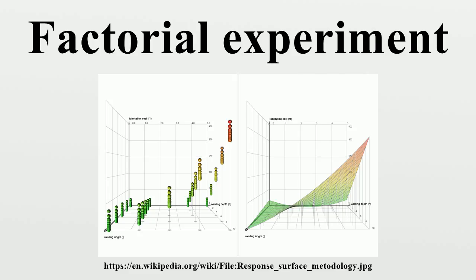A factorial experiment allows for estimation of experimental error in 2 ways. The experiment can be replicated, or the sparsity of effects principle can often be exploited. Replication is more common for small experiments and is a very reliable way of assessing experimental error.